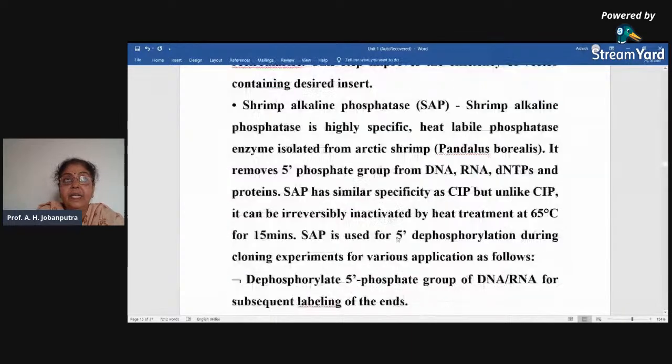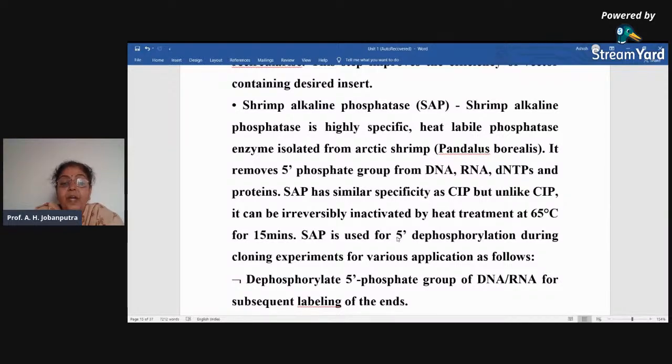But calf intestinal alkaline phosphatase, its activity optimum temperature 65 degrees असल्यामुळे no problem with temperature. That problem will be found with shrimp alkaline phosphatase because it is heat labile enzyme.